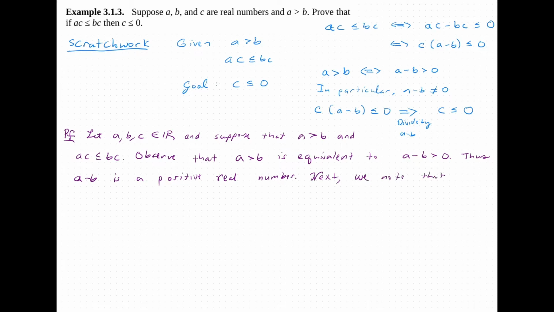So we have A times C less than or equal to BC if and only if AC minus BC is less than or equal to 0, and then we explain what we did, subtracting both sides by BC.